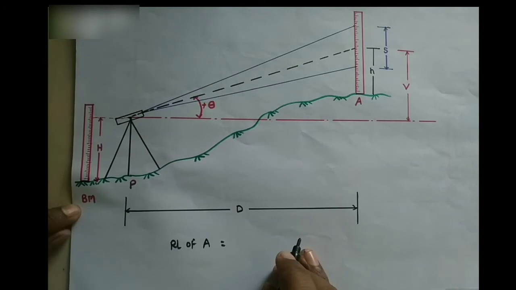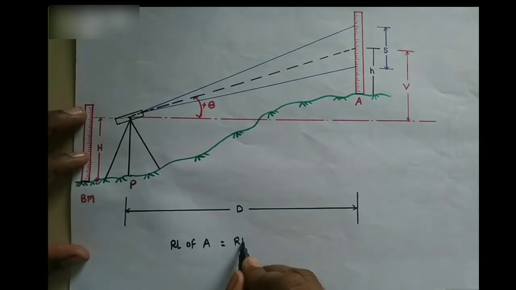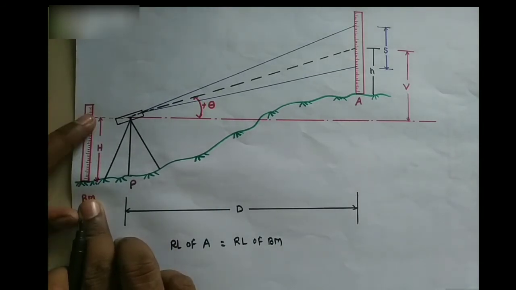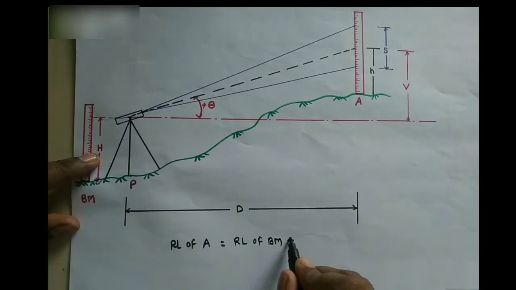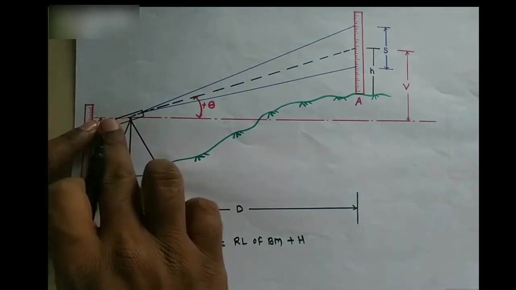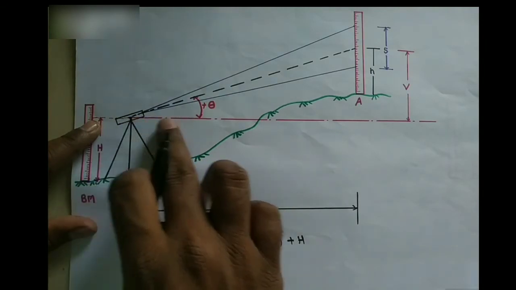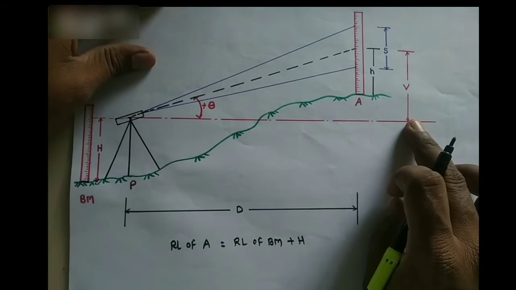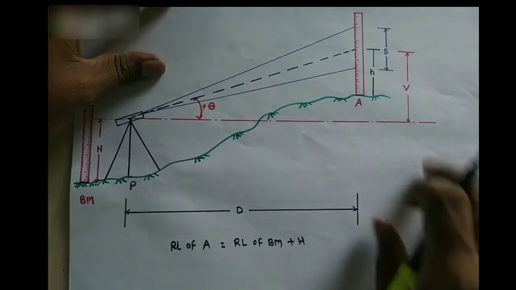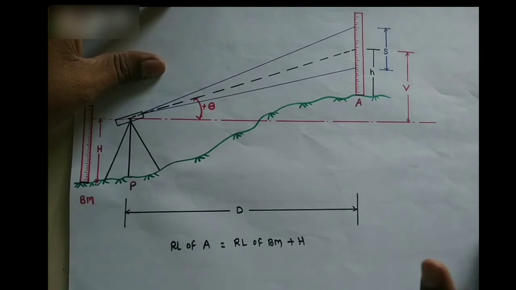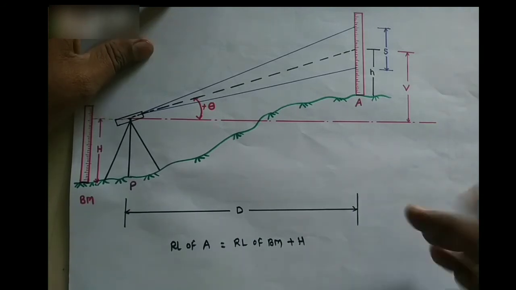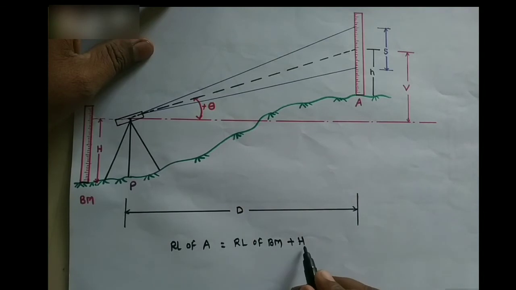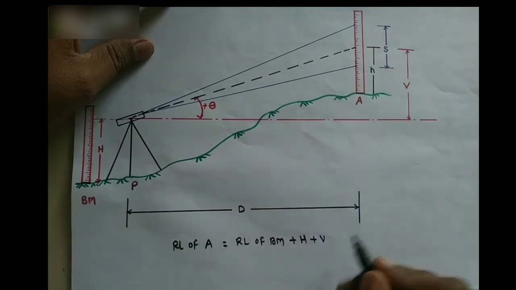Now if the RL of benchmark is known to us, then RL of benchmark plus staff reading, which is indicated as H, plus, now this is the instrument axis, which is imaginary and is at this place. Now V is the elevation. Okay, and we can directly find it by using the formula as we saw in the last minute. So here RL of benchmark plus H plus V minus h.